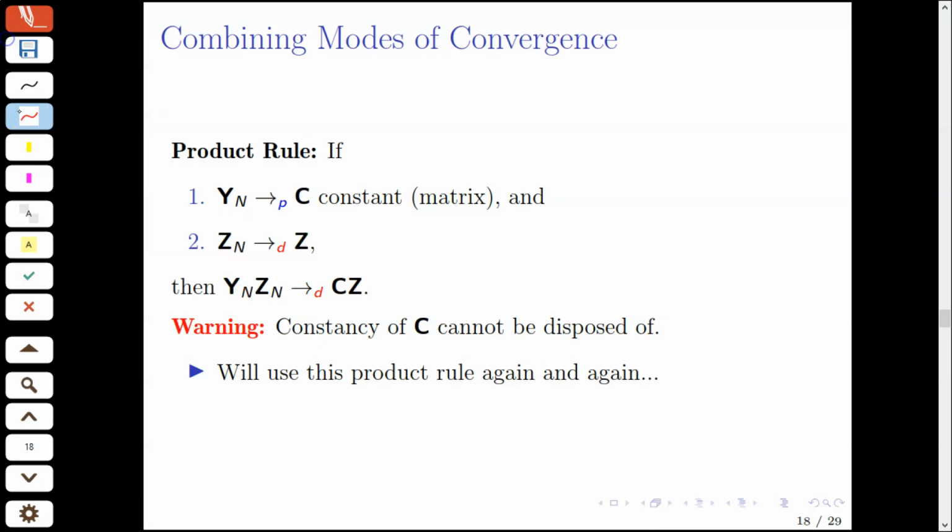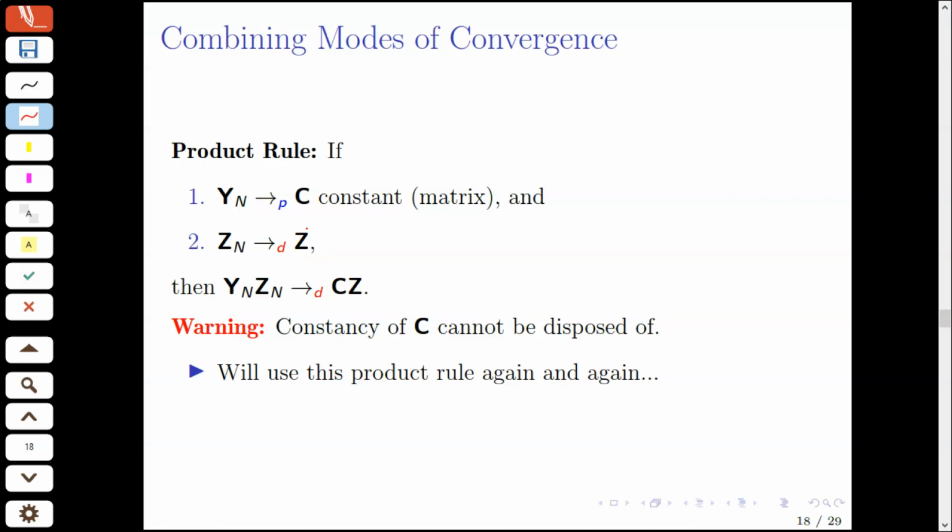If we have a sequence of random variables, these could be vector, these could be matrix, and they converge in probability to a constant vector or matrix, and also we have a sequence of random variables, these could be vector or matrix, which converge in distribution to some limit we'll denote here as a capital Z.